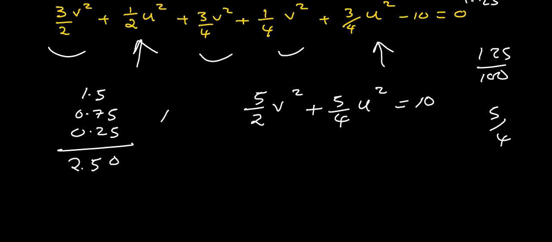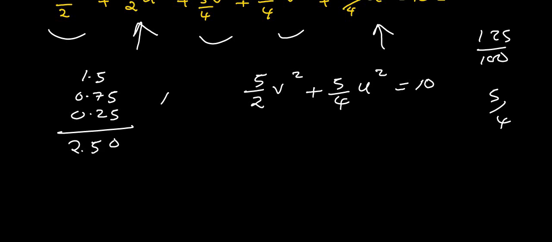Then from here I can divide by 10 throughout, everything by 10. So 2.5 v squared plus 1.25 u squared is equal to 10. Then I'll divide by 10.